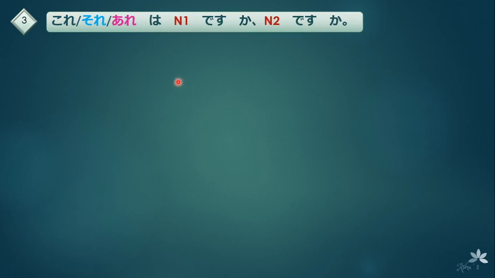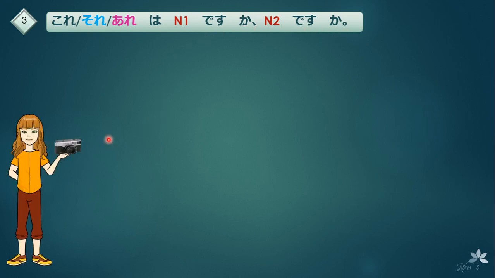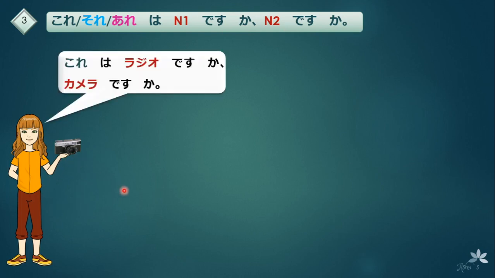Let's go to the next pattern. Kore sore are wa N1 desu ka, N2 desu ka? Now, here the girl has something in her hand and she is asking, Kore wa radio desu ka, kamera desu ka?